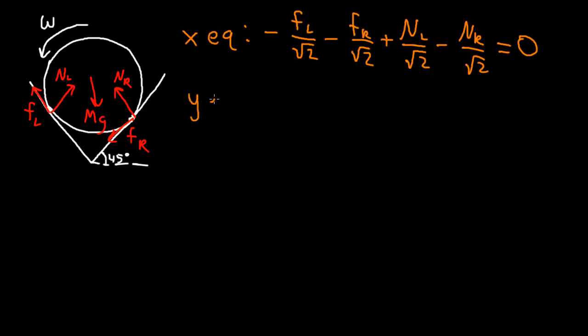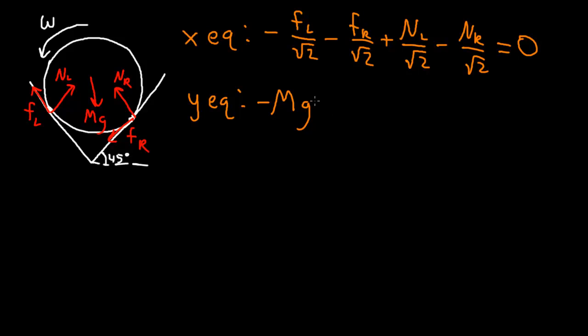And what about the y direction? Well, y equilibrium. Well, so we have mg acting down, so minus mg. And then we have a similar decomposition where each of these guys gets this square root of 2 contribution, but now we see that they're all acting up except the friction force on the right side.